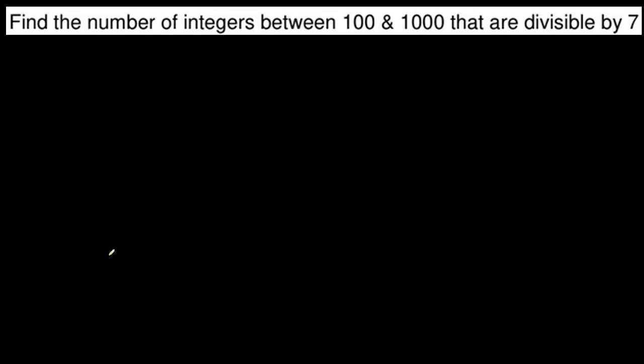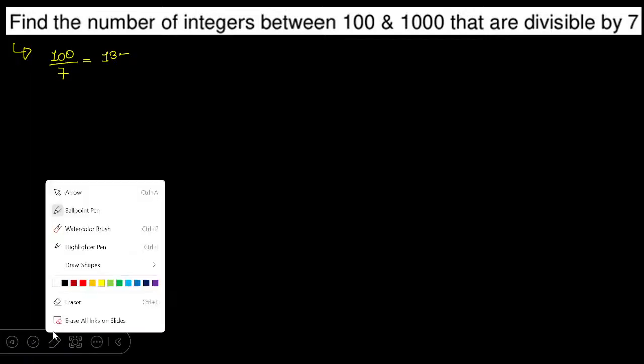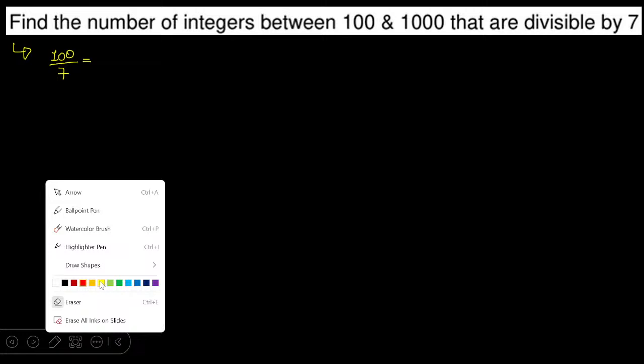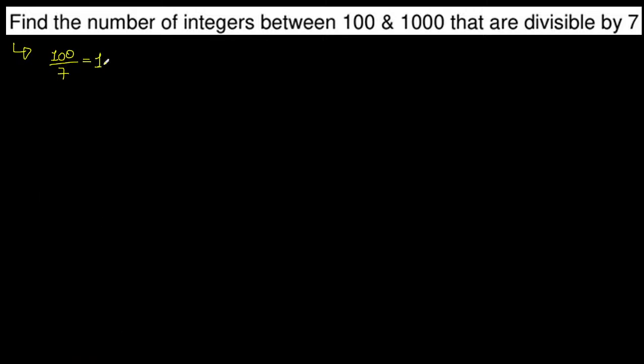नंबर ऑफ टर्म्स बिटवीन 100 to 1000 which are divisible by 7. ओके, तो हम लोग ये बोल सकते हैं कि 100 डिवाइड बाय 7 will be 13, 14 7 are 98. फोर्टीन पॉइंट something, so remainder is 2.